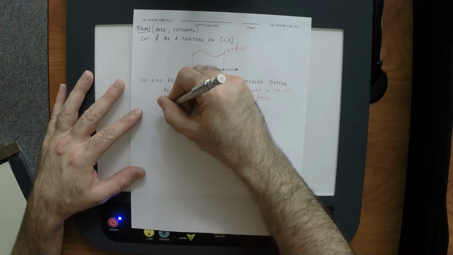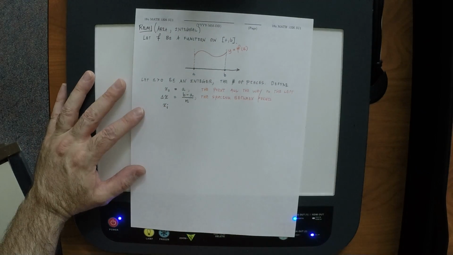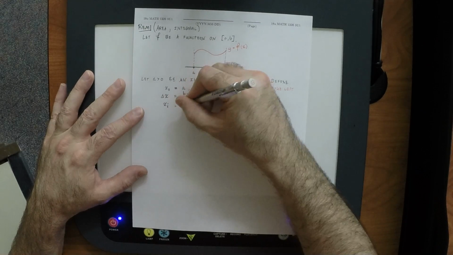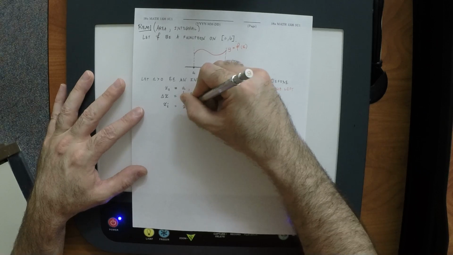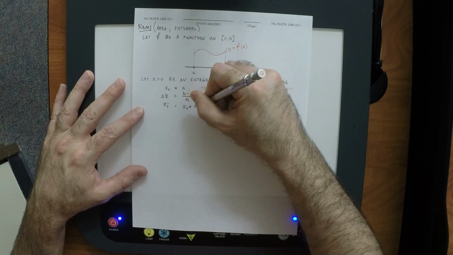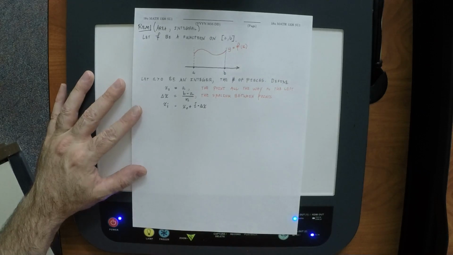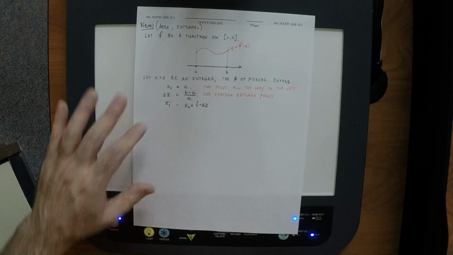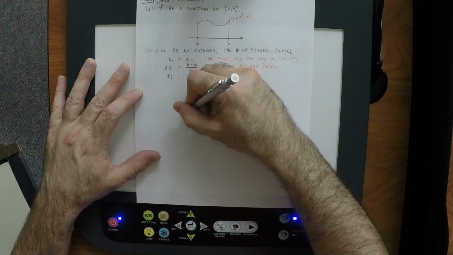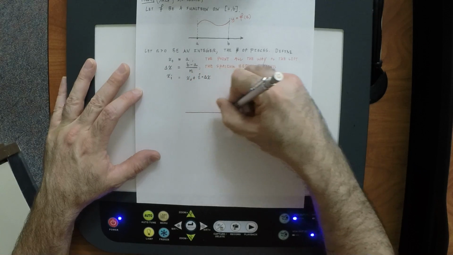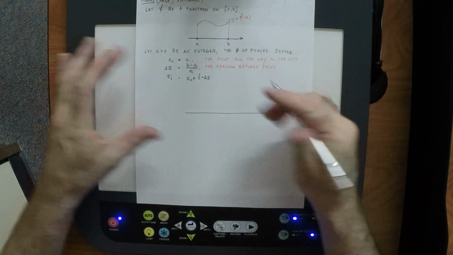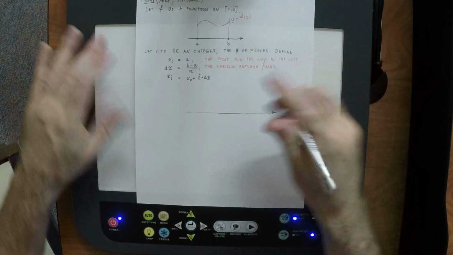xi, so now the subscript is i, as in an index, will be x0 plus i multiplied by delta x. Okay. So now this, I think, requires a picture to explain. So I'm going to take this picture and make it slightly wider so that it's easier to see.